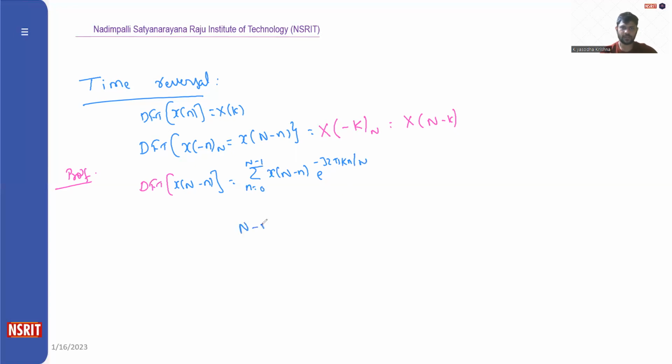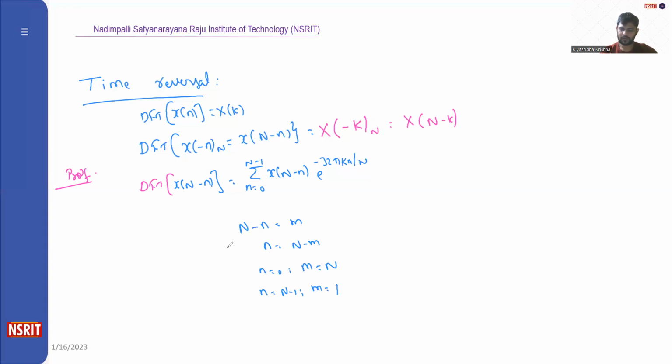Now replace n minus n equal to m. Then n is equal to what? N minus m. If you substitute the lower limit n equal to 0, then m is equal to N. Then substitute n equal to N minus 1, where you will get m equal to 1.